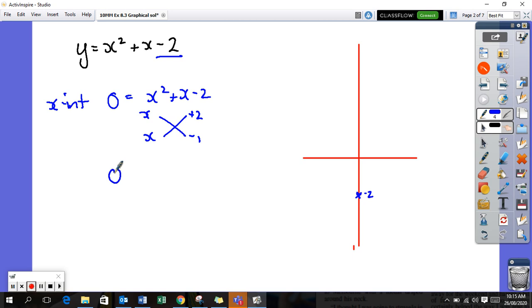So we've got 0 equals (x plus 2)(x minus 1). So here, x equals minus 2, it's always going to be the opposite sign, or x equals 1. Minus 2 plus 2 is 0, so that equals 0. 1 minus 1 is 0, so that equals 0.